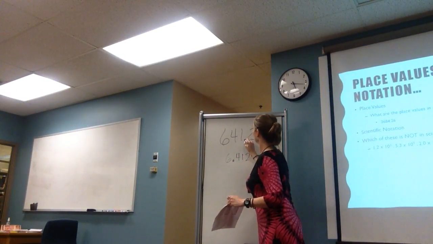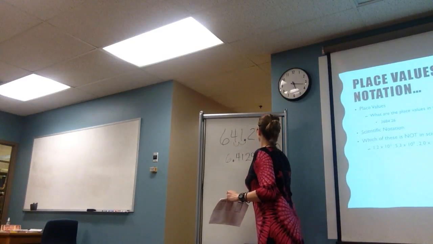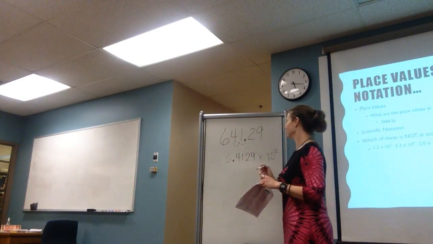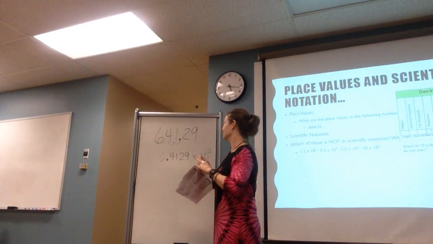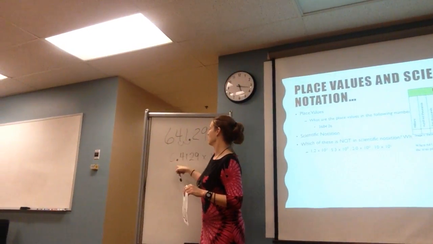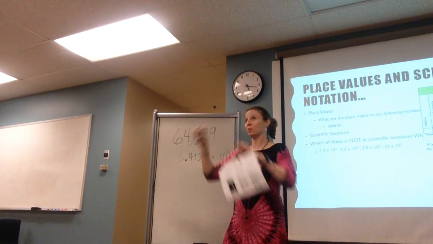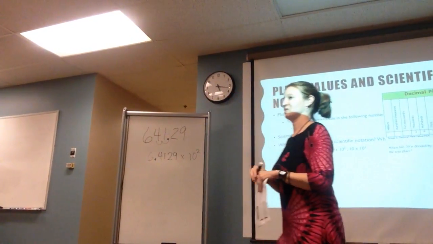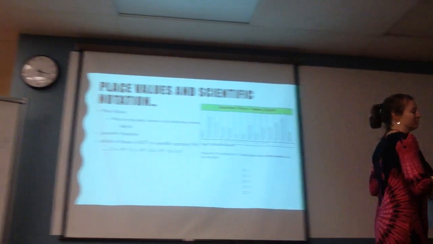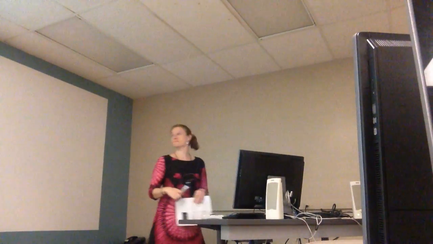And I moved it 2 places, so times 10 to the 2. The decimal point must go behind that number. The number in front of it must be between 0 and 10, not including 0 and 10. Okay, let's try. Go ahead and try it.